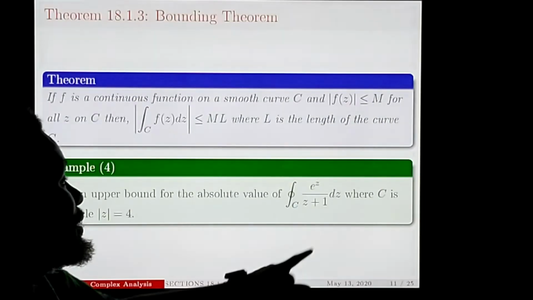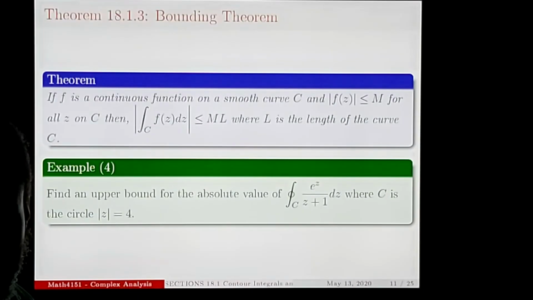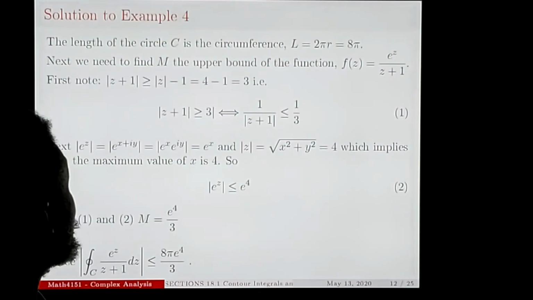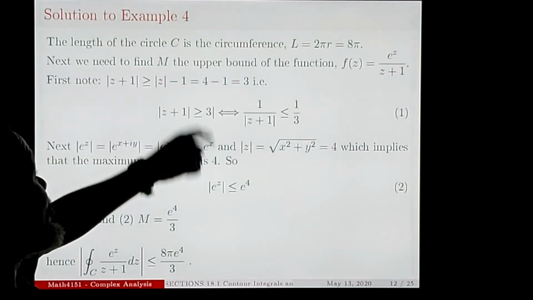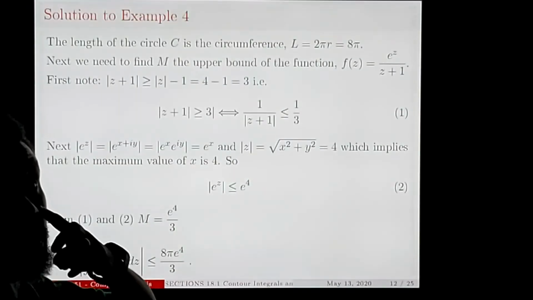Now we need M. For M, we will need the bound for e to the z and the bound for z plus 1. So next we need to find M, the upper bound for the function f of z equals e raised to z over z plus 1.